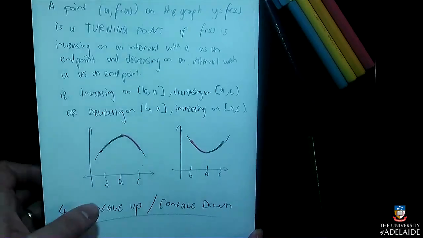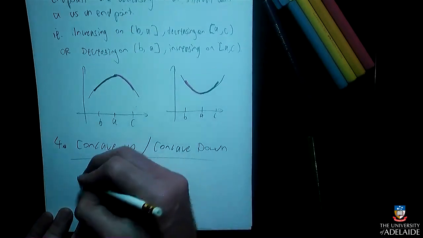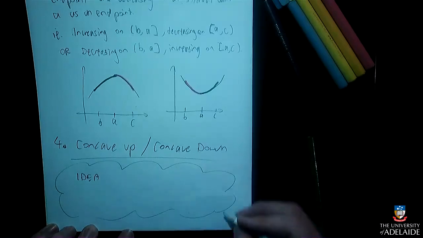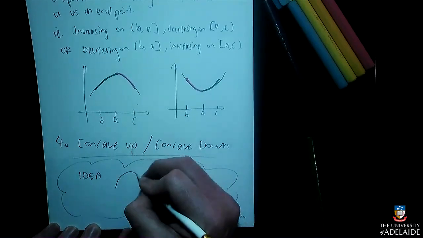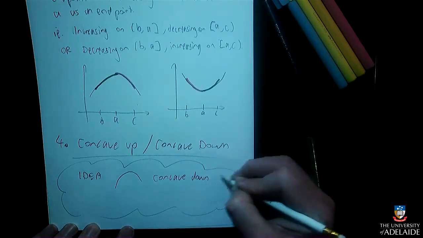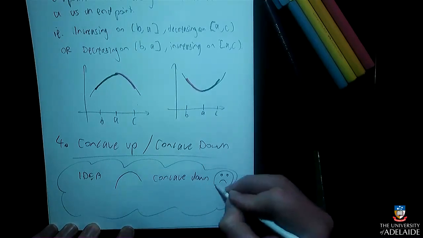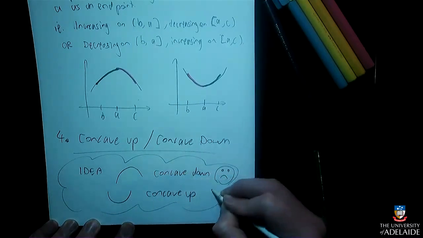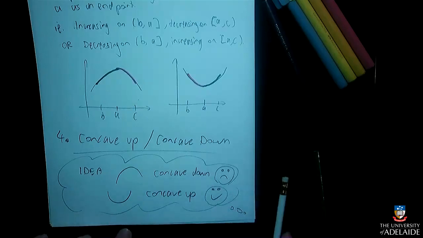And the idea that I'm thinking in my head is that something like this is concave down, and it reminds me of a frown. And something like this is concave up, which reminds me of a smile. But reminding you of a frown is not a mathematical definition. And so we're going to need something better than that. And so I'll show you what it is.